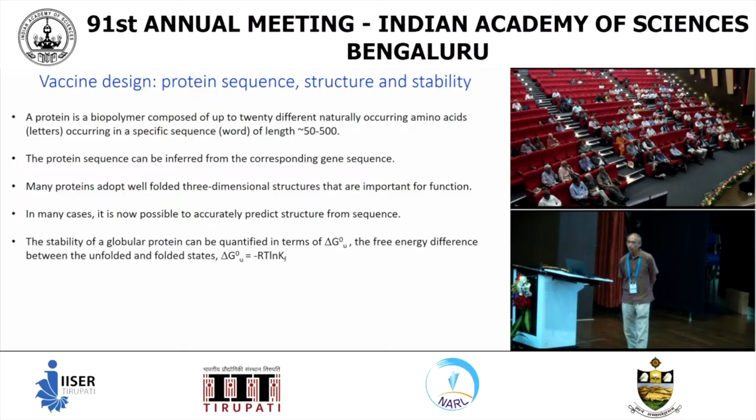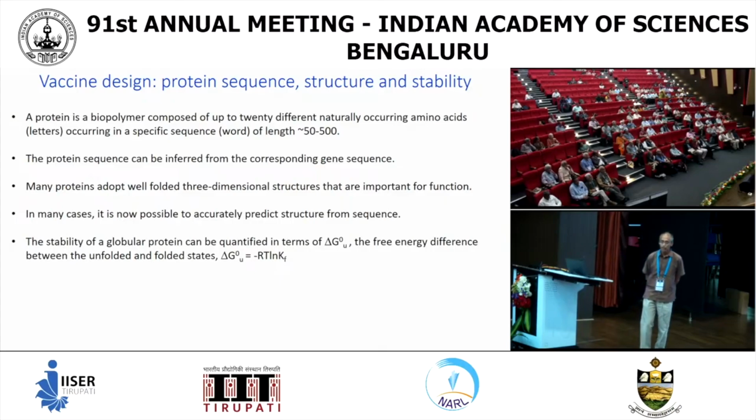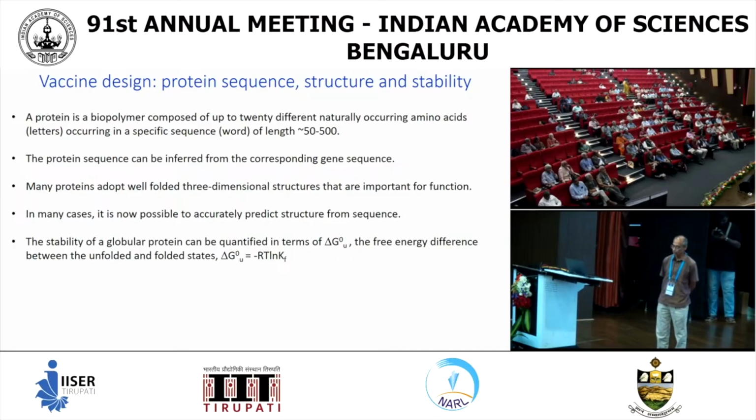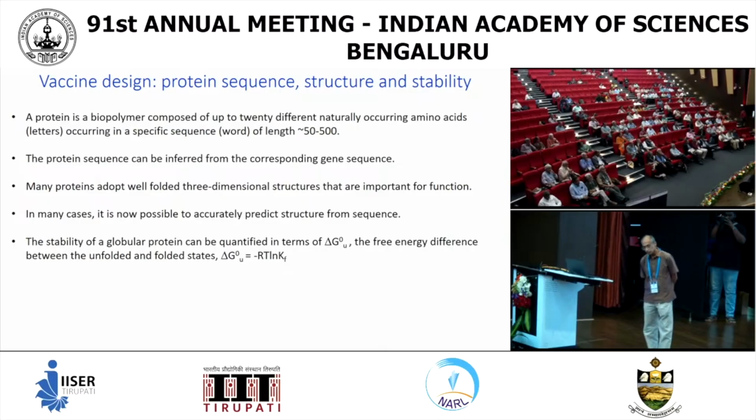Another very important property of the protein is the free energy difference between the folded and the unfolded states of the protein. So as I said, many proteins adopt well-defined three-dimensional structures, and even those that don't, once they bind to a binding partner, do adopt a well-defined structure. Now, that structure is always in equilibrium with an unfolded linear polypeptide chain.